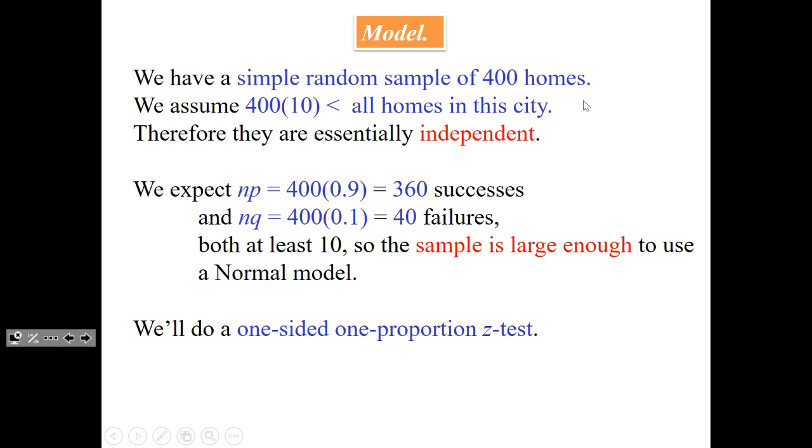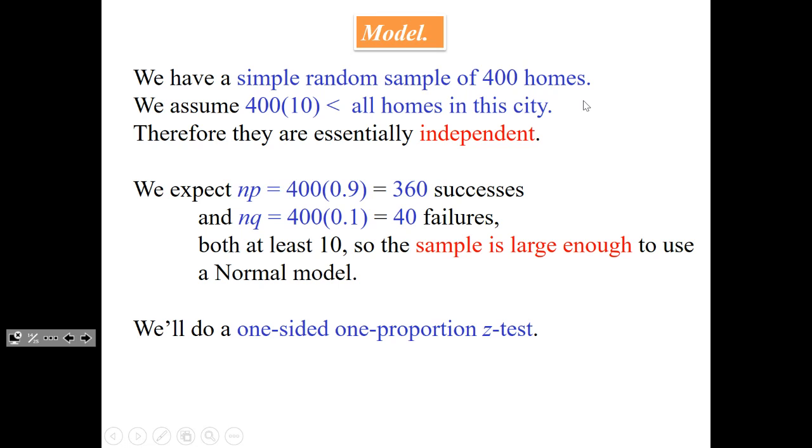We look at our successes and failures, n times p. 400, my sample size, times 0.9, that's my null hypothesis value. So I expect, on average, 360 successes and 40 failures. Both of those are at least 10, so my sample is big enough to use the normal model. So I'm going to use the one-sided, one proportion z-test. One-sided because I only care about greater than.